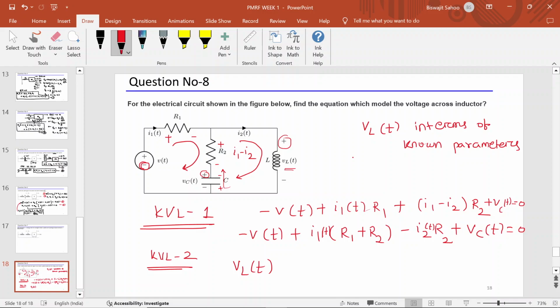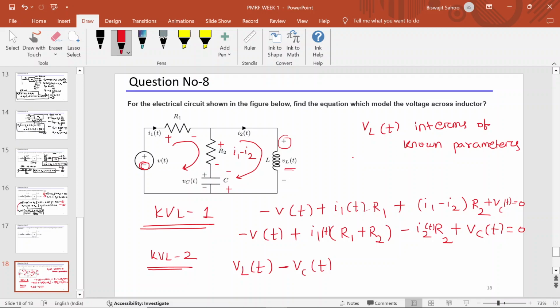V_C(t) is given plus here, minus here. But when my current is flowing in the right loop, the plus is here and minus is here, the opposite convention. That's why this one is negative.